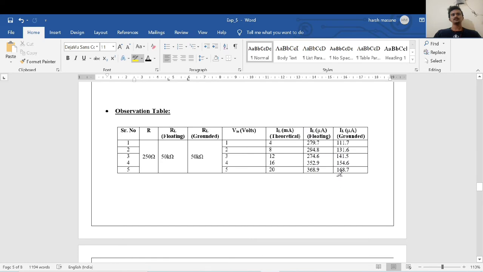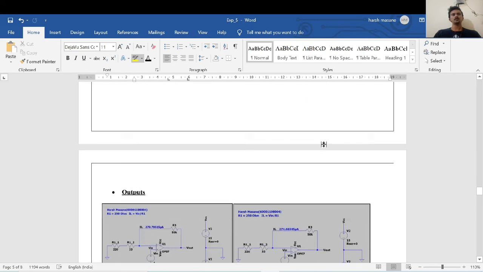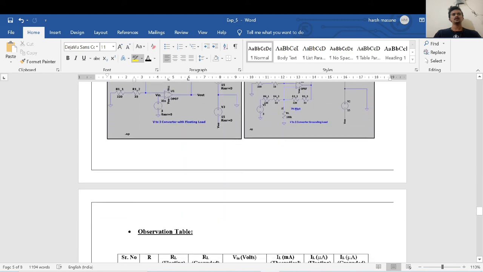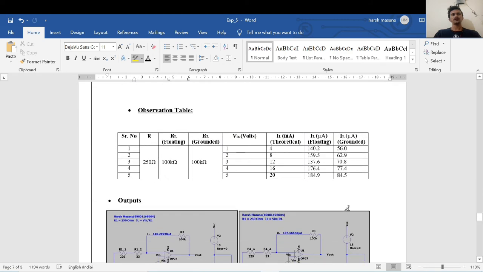You can see it goes into the microampere. So this fails, it cannot be implemented on the breadboard. As you can see here also, when my load resistor is 10 kilo ohms, the load current goes to the microampere while my theoretical values are in milliamps.